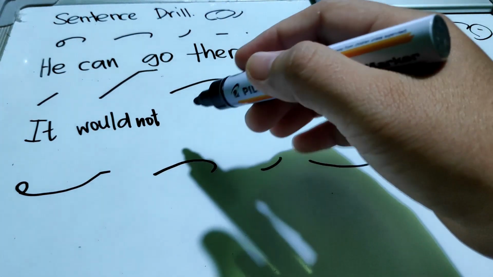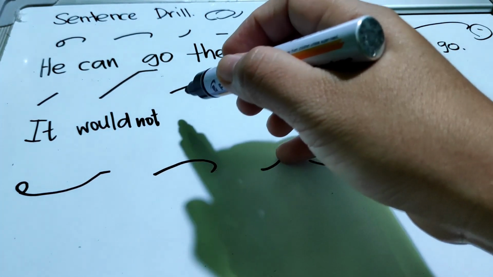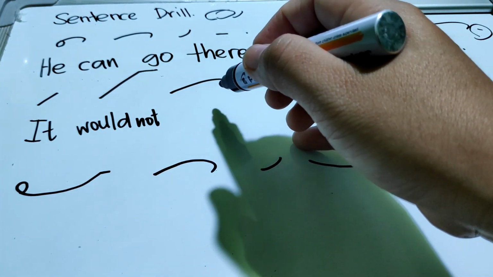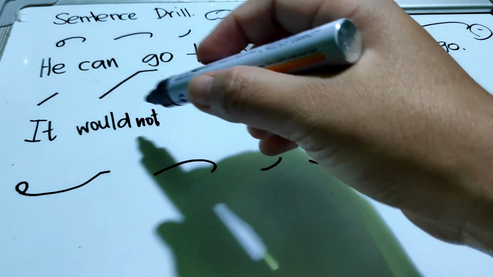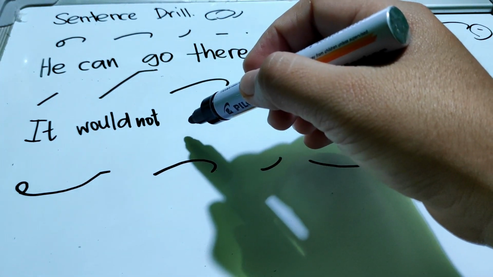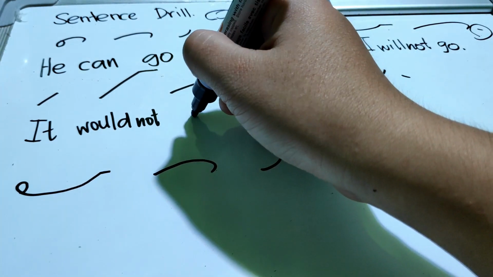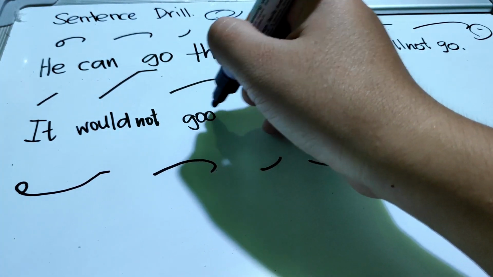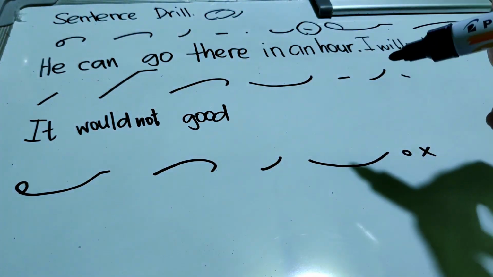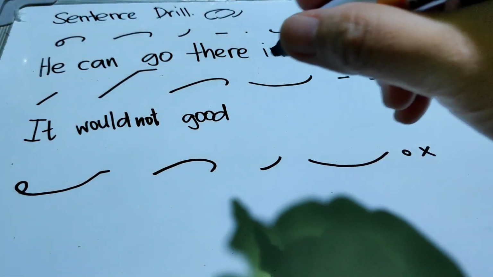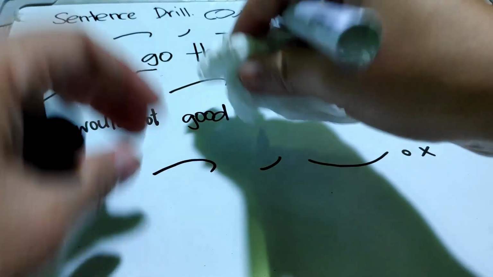So next is the go, the letter G. Letter G is transcribed as go and good. So it would not go or it would not good. So good ang iyahang transcription. It would not go. I'm sorry. It would not go.